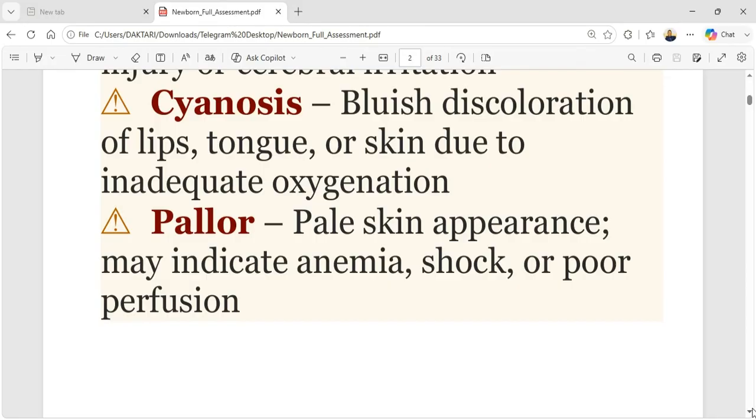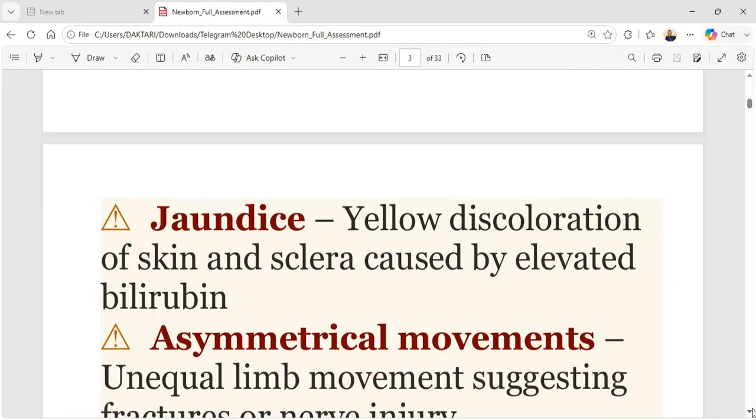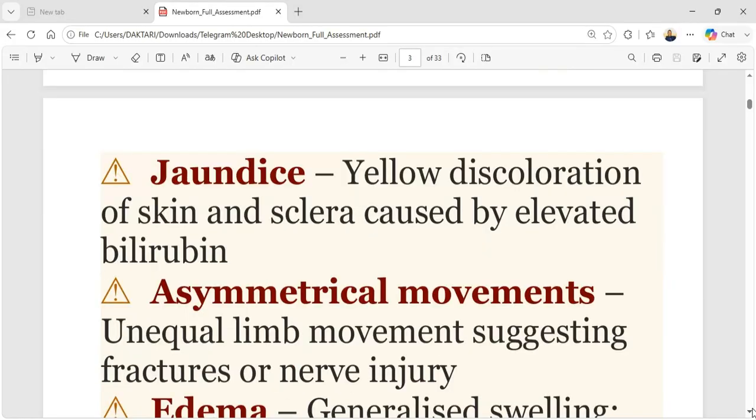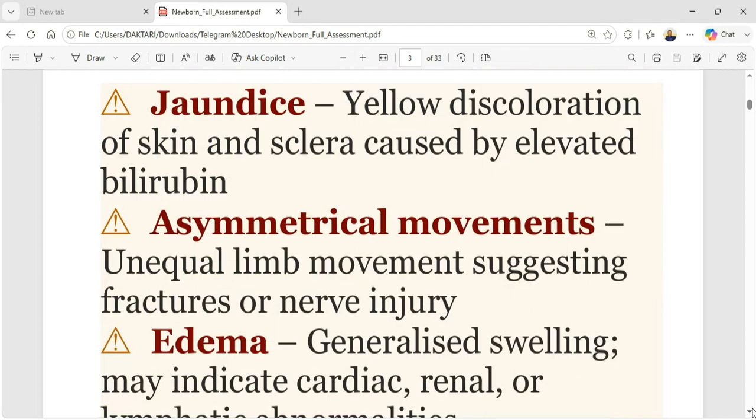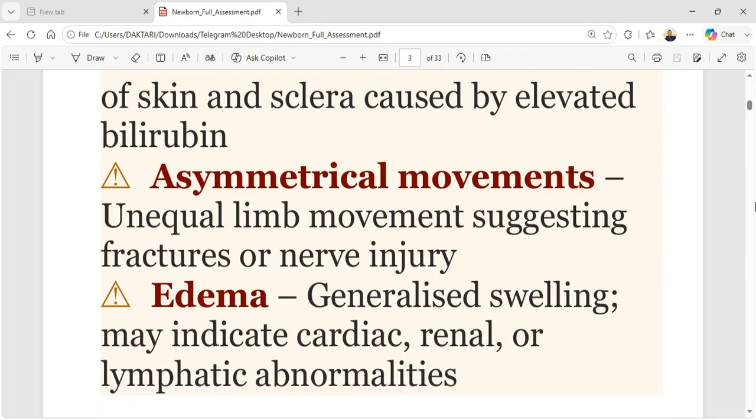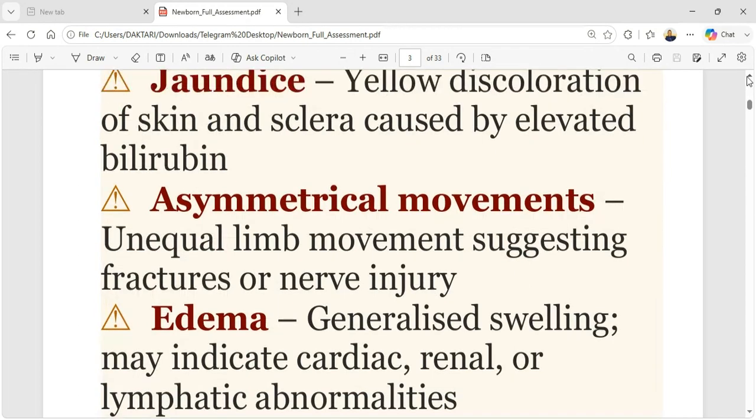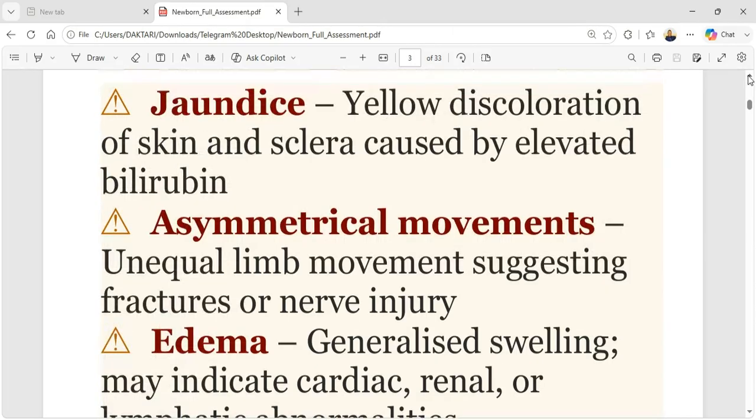So jaundice also comes up as an abnormality. That's just the yellow discoloration of skin and sclera caused by elevated bilirubin. So we normally do bilirubin tests. We have some lab work to rule in what the jaundice is secondary to. We have physiological jaundice and we have pathological jaundice. You can do direct bilirubin, total bilirubin or indirect bilirubin, and then we get to know.